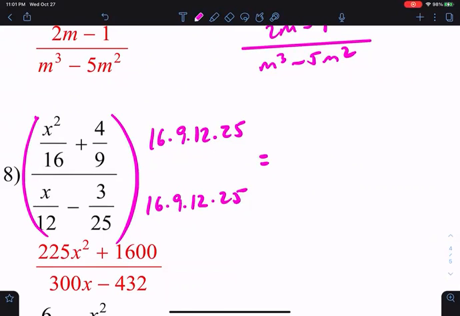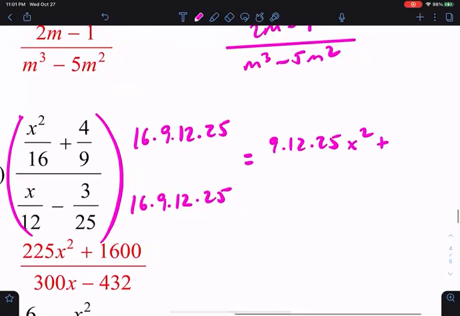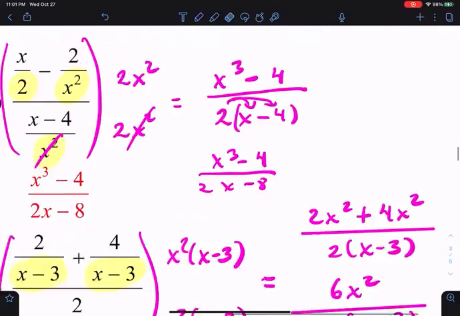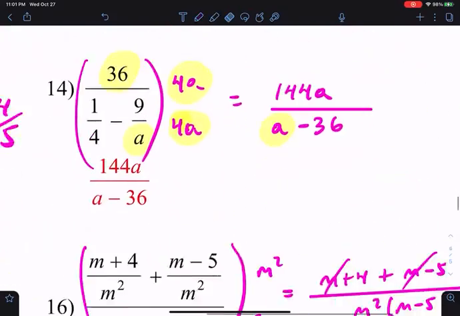Anyway, when you simplify the numerator, we get the first expression simplified. So basically we're dividing this number by this number, right? Like that. So you get 9 times 12 times 25 times x squared. That's the first fraction. And then this fraction simplifies into, oh my God, I don't like when this happens.